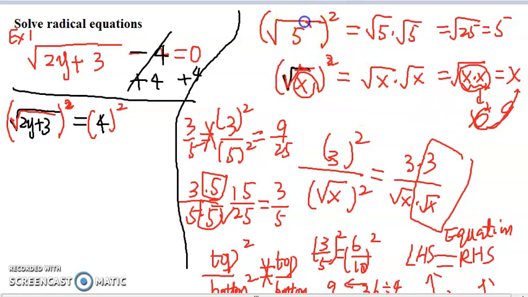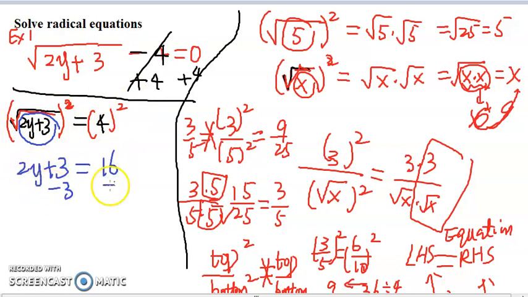Square and square roots, you're going to get just the 5. So the same thing here. When I square this square root, I'm going to get whatever is within this radical sign, which is 2y plus 3. You can think of this as this square cancels that square root. And equals 4 squared, it's 16.